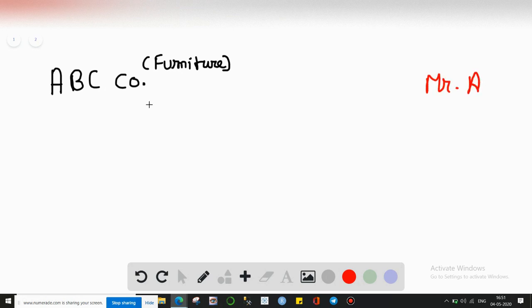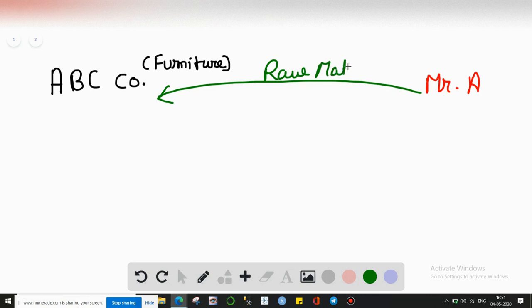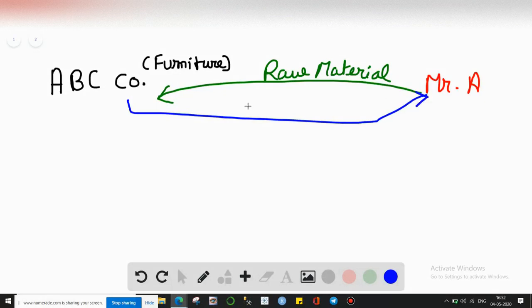There is a Mr. A. Mr. A sells raw material to ABC company, and against that, ABC company makes payment.